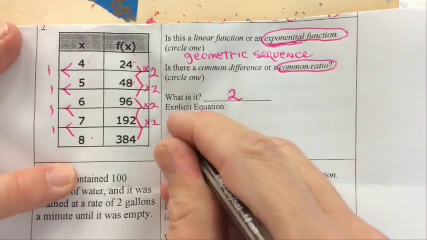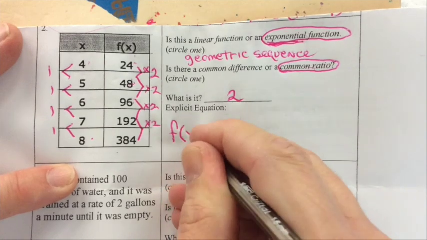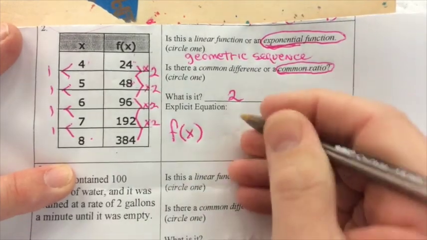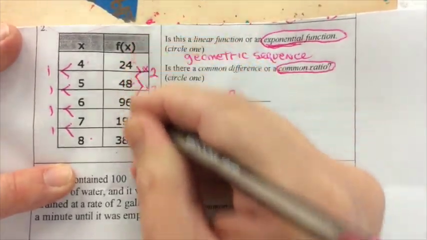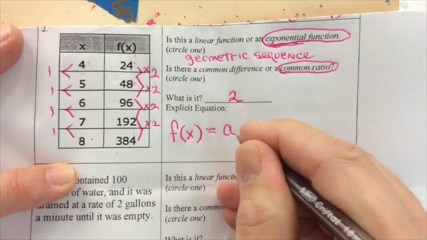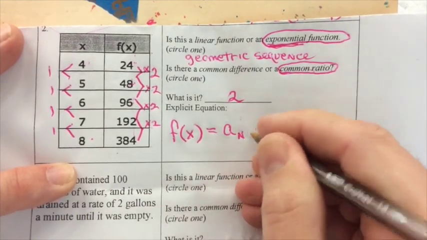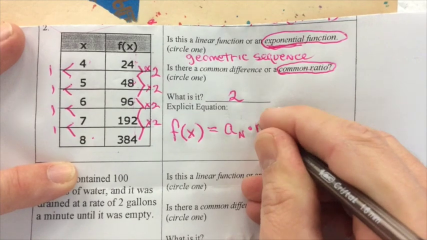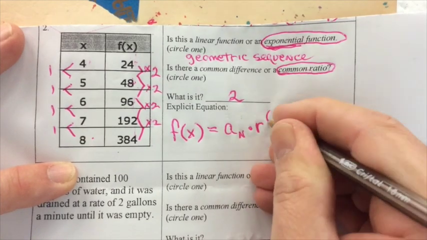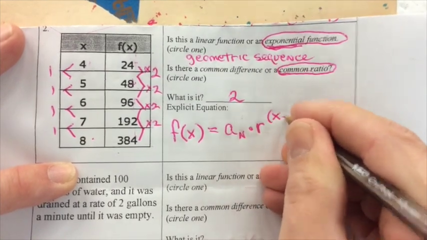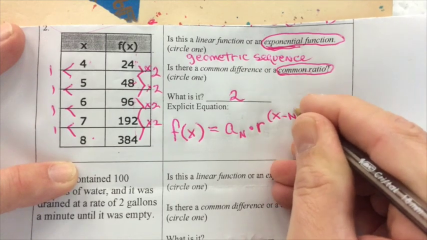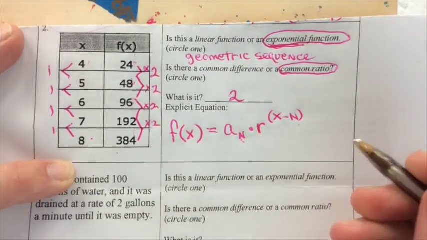So what does that look like? Well, we've talked about this as well. You can take any one of these terms and then multiply it by the ratio raised to the x minus this number power.